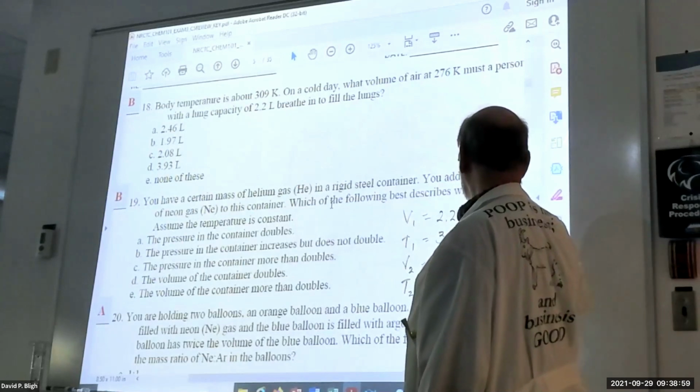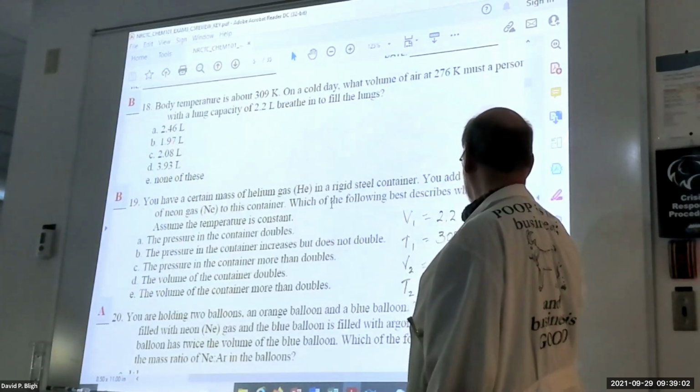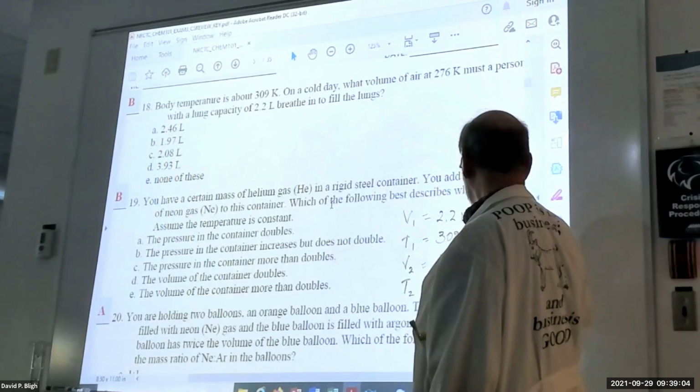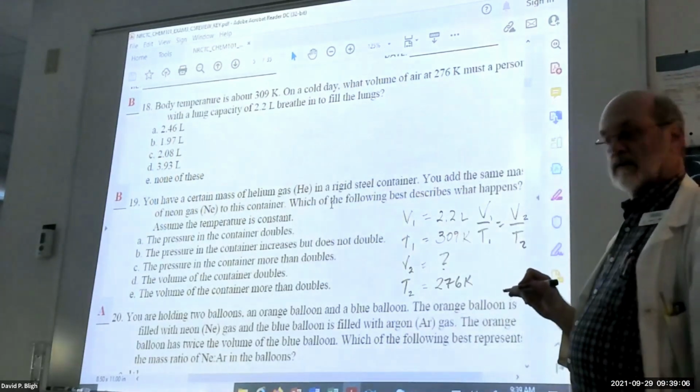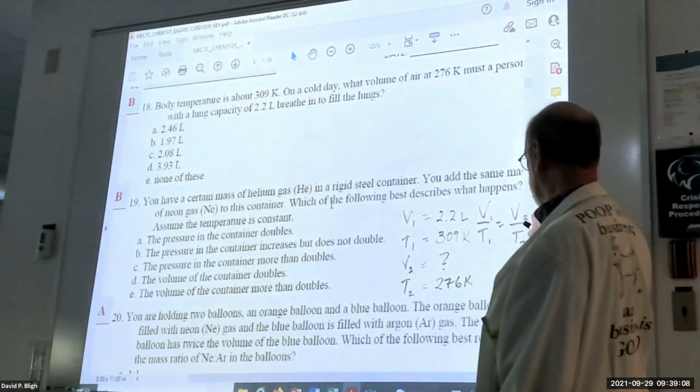Charles' law. It doesn't matter which side, as long as the ones are together and the twos are together. You plug it in and solve for this one.